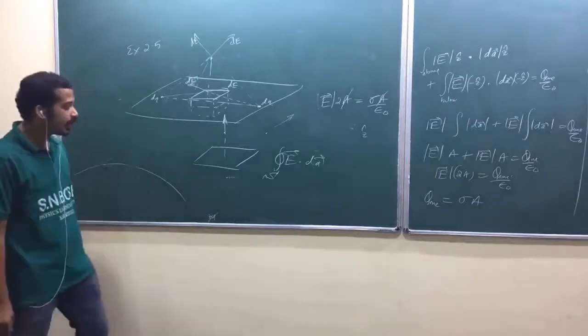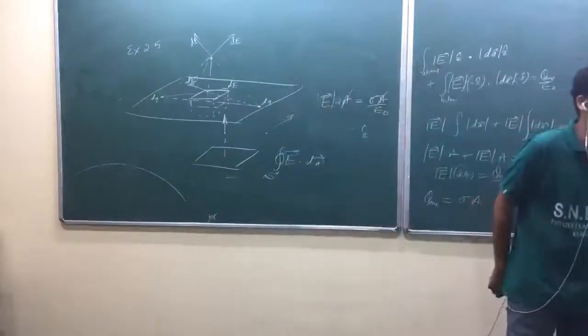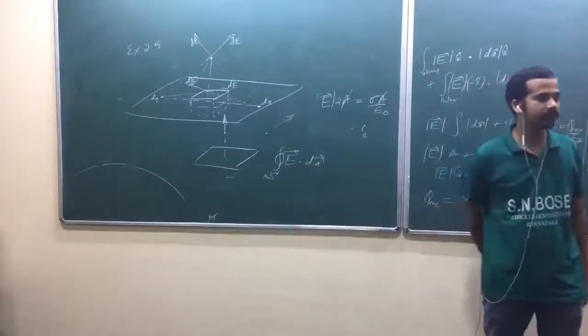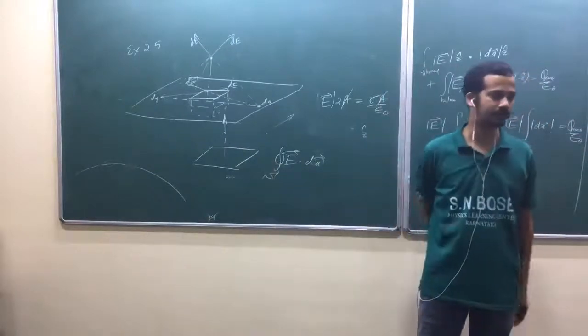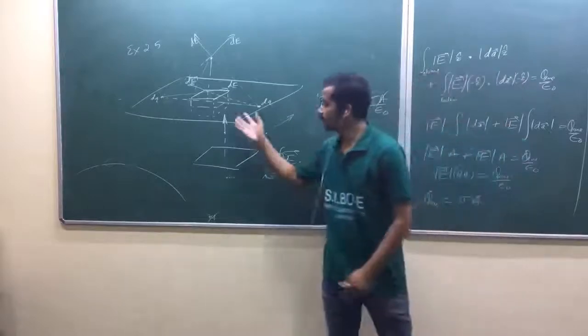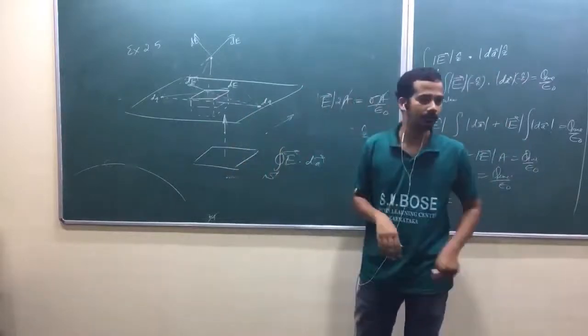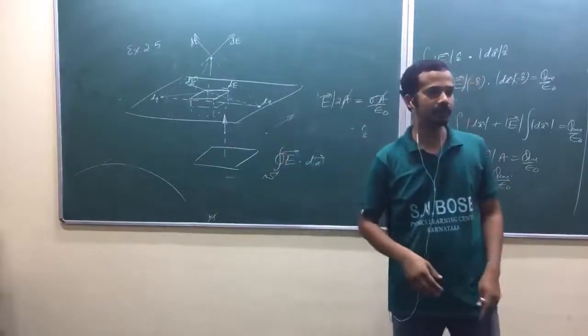So that's why you have to think like that: how to run your surface so that over the surface the electric field is uniform. In this case that would be very difficult, that's why I just leave it. But in this case you can do it. But look here, over the entire surface the electric field is not uniform. Have you seen the edges? Along the edges the electric field may be changing.